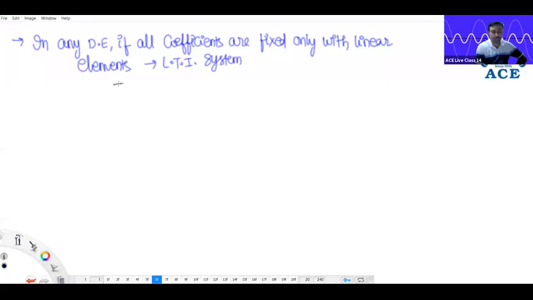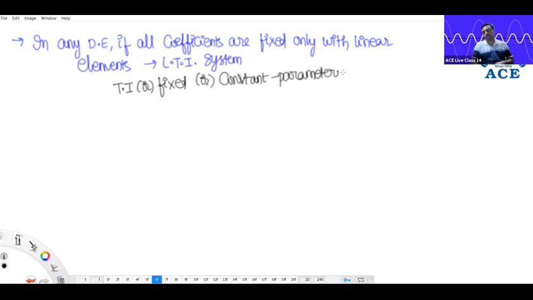A time invariant system, another name is fixed, or it can also be called a constant parameter network. Fixed means all the coefficients are fixed. Constant parameter means if you take an RC or RLC circuit with all fixed numbers, it can be treated as a constant parameter network.